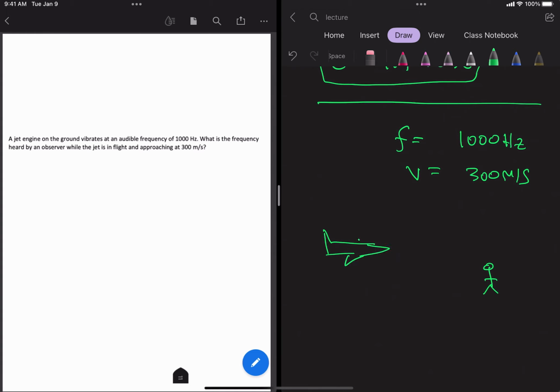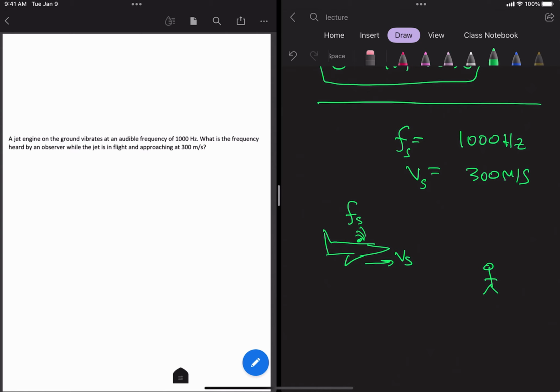Somebody in the jet is going to hear the jet whirring at a frequency. So this is going to be the frequency of the source, which is the 1,000 hertz. So that's what you hear when you're standing next to the jet. The jet is moving with the speed v, so that's going to be the velocity of the source.